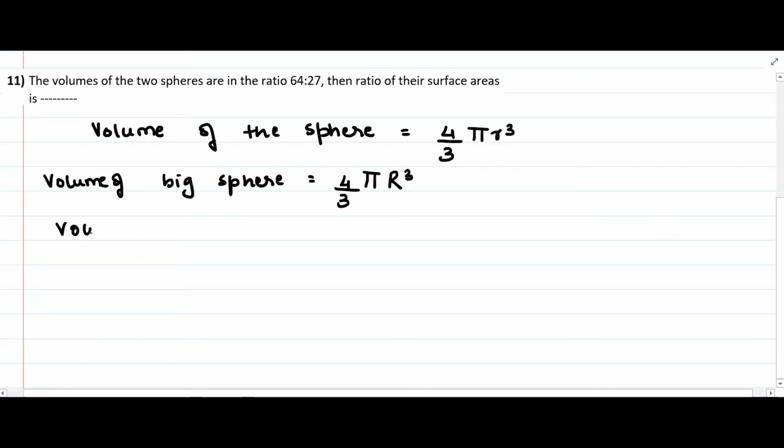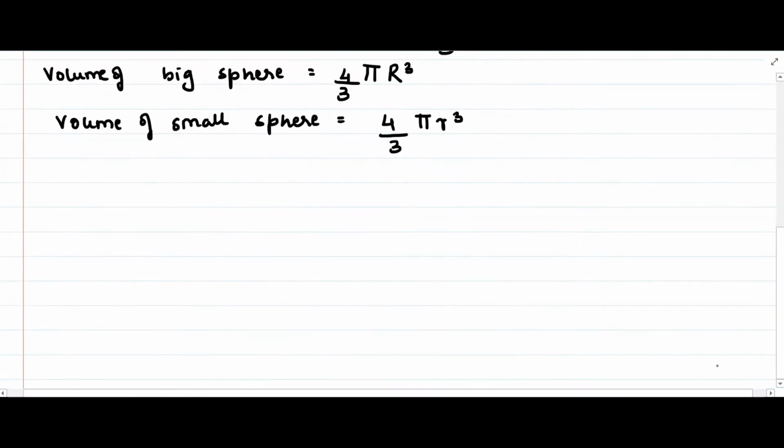Volume of small sphere equal to 4 by 3 pi small r cube. Okay, we know it is the ratio, so which means the fraction. So volume of big sphere is to volume of small sphere.